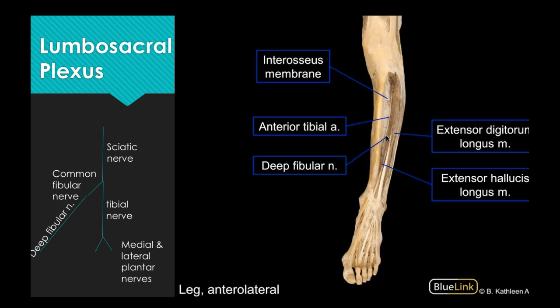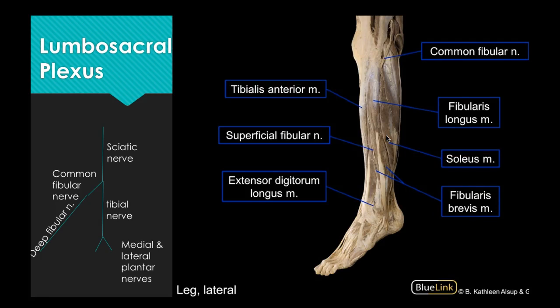Now to find the superficial fibular nerve, we need to look at a lateral compartment of the leg, and you can find deep to the fibularis longus the superficial fibular nerve. So in our schematic, we can add superficial fibular nerve.